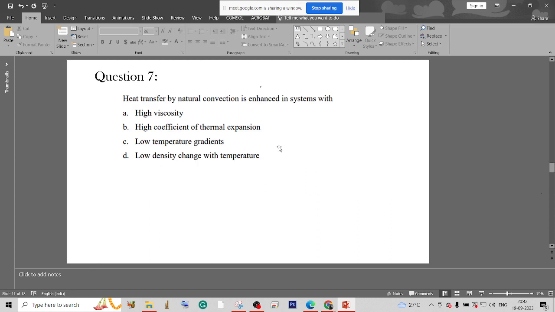Now question number 7. Heat transfer by natural convection is enhanced in systems with which of the following?